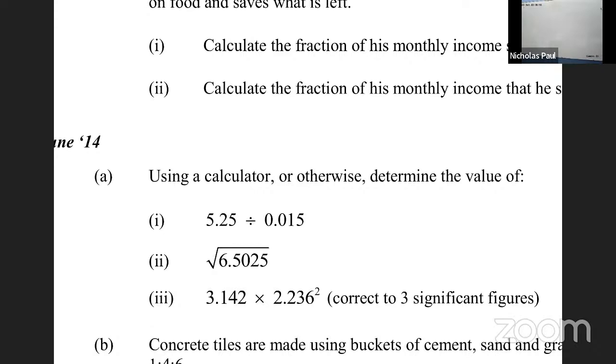Right, the first two are the exact value. The third one, you're changing to significant figures.